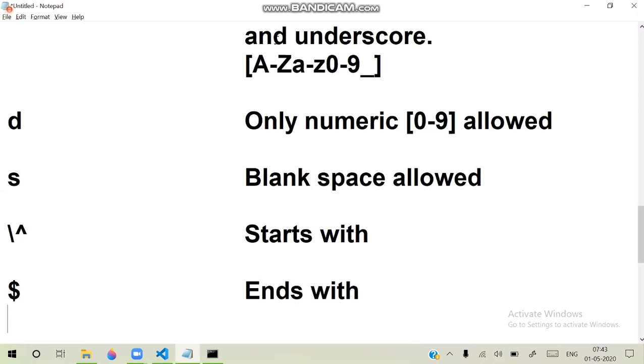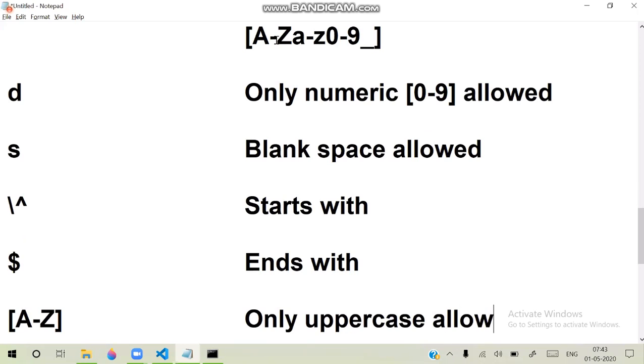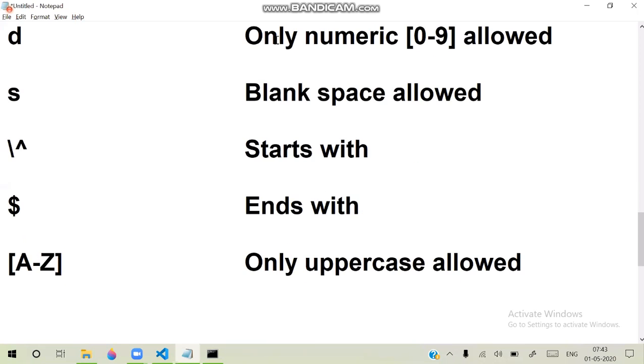So now important is A hyphen Z. If I write it like this, these are all meta characters. That means only uppercase allowed. And if I write a hyphen z, this indicates only lowercase allowed.